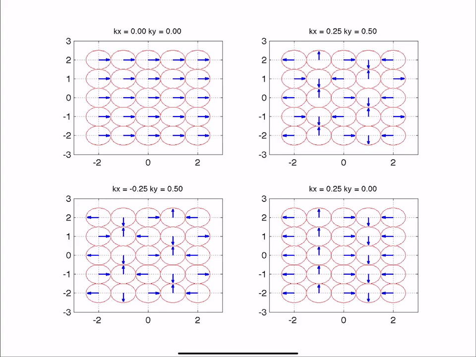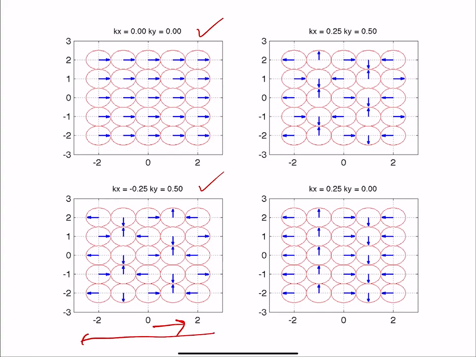Okay, so we talked a little bit about this last time. This is obviously the center of k-space. All the spins are pointing in the same direction. There's no variation in the spins. Then we can talk about things like here where it's minus 0.25 in kx because the spins going this way are rotating counterclockwise, and they have a period of 4.